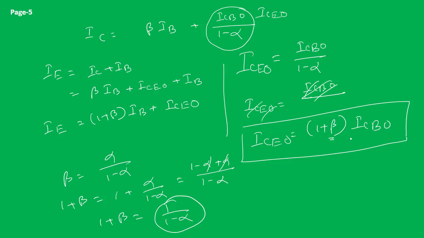That is a typical case when beta is 20, but beta can range up to 500, so ICEO can be 500 times ICBO. So this is a very important relation for the CE configuration, and it plays a major role in controlling the leakage current in common emitter circuits.